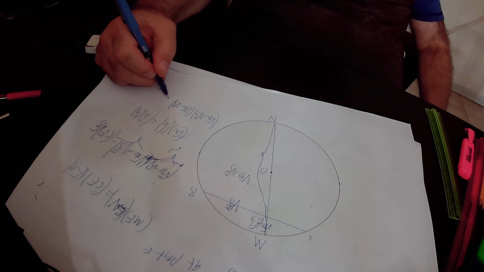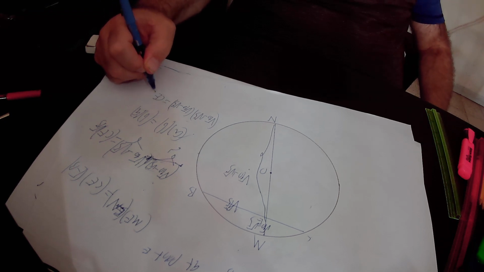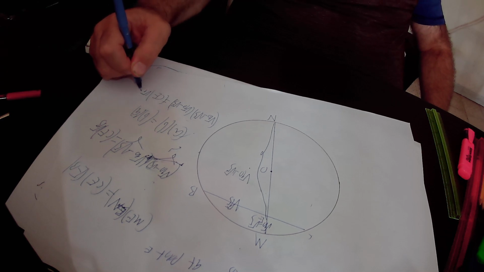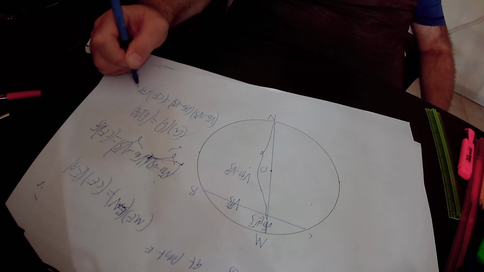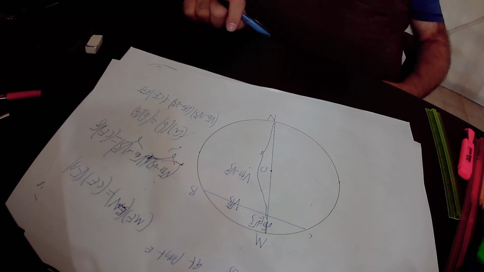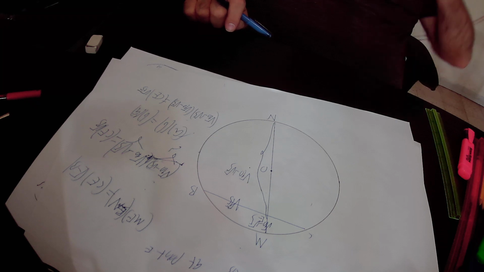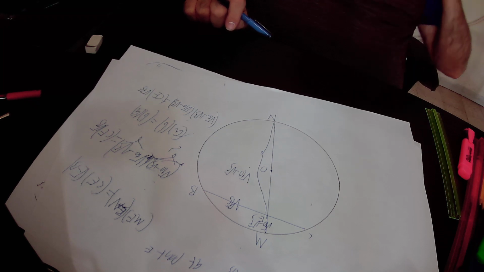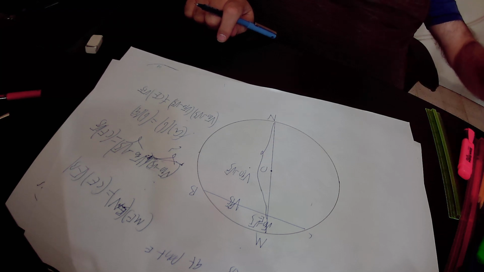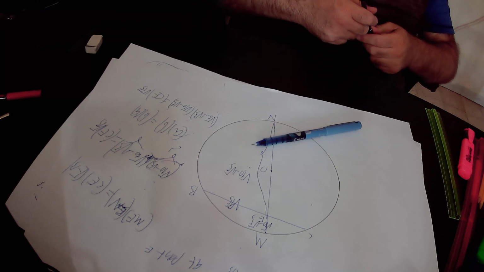That is equal to CE times the square root of 15. So we have here the square root of 10 plus the square root of 5 times the square root of 10 minus the square root of 5.